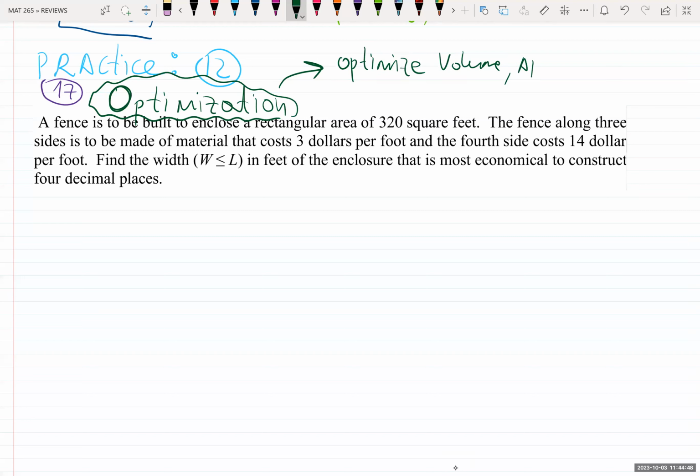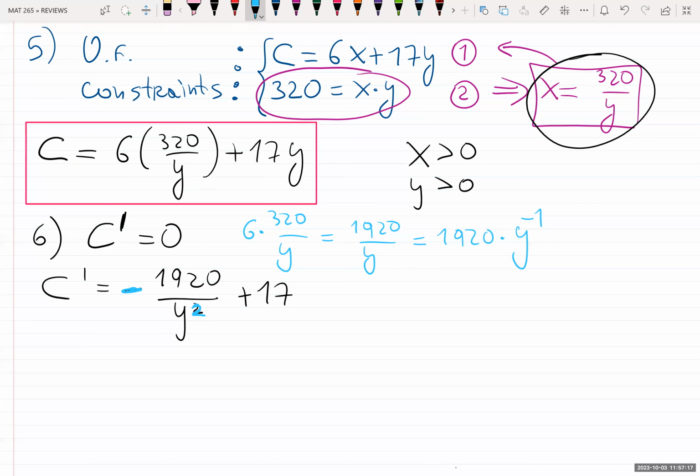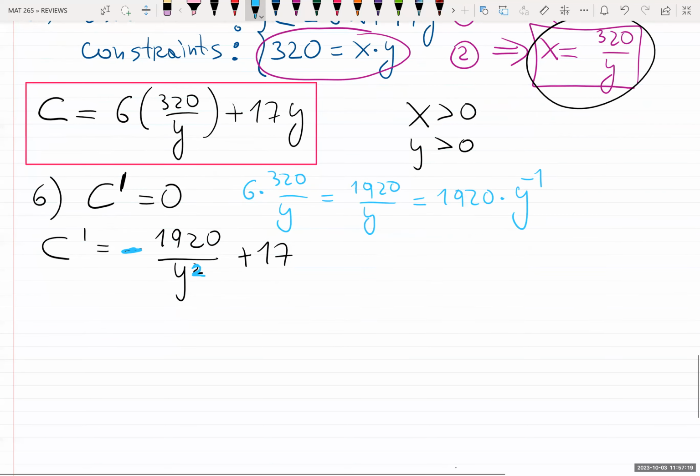Minus 1 goes down, raised to the minus 2. And then in this case, I highly recommend rewriting it as a fraction because the next step will help you if you have a common denominator ready. The next step is good to merge everything into one fraction.